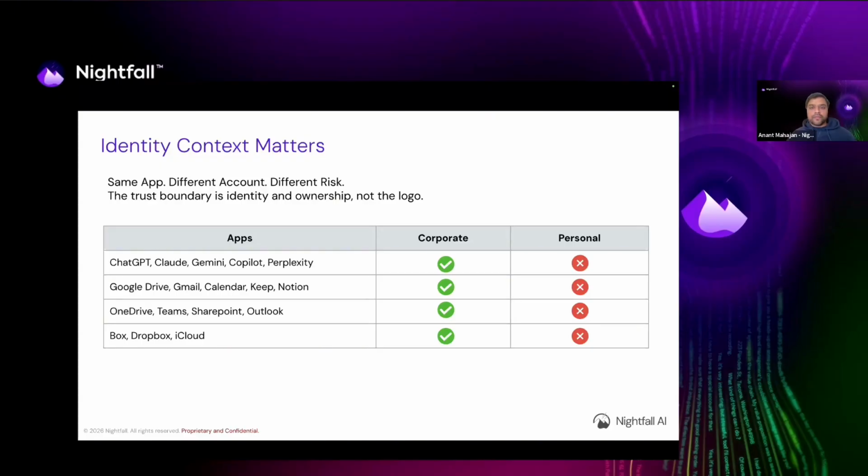At no point in time do you want certain data to land up in a personal account for either a collaboration or a cloud storage app, or an AI assistant. And Nightfall is able to distinguish that and also enforce any remediation actions or blocking actions that you may have defined in the policies.